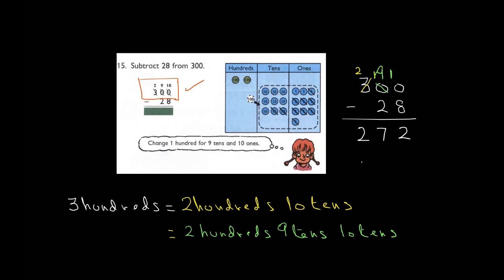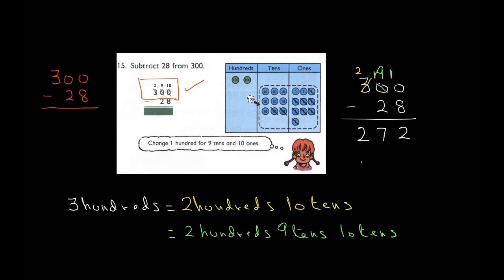Please note that the book is writing it in a very beautiful way, and children sometimes write it using a very large font, and sometimes it's very hard for the child when they're revising a problem to see what mistake they've made, to follow through, or to understand what they've done. So what I would really suggest is that you do something like, as the book is doing, 300 minus 28.